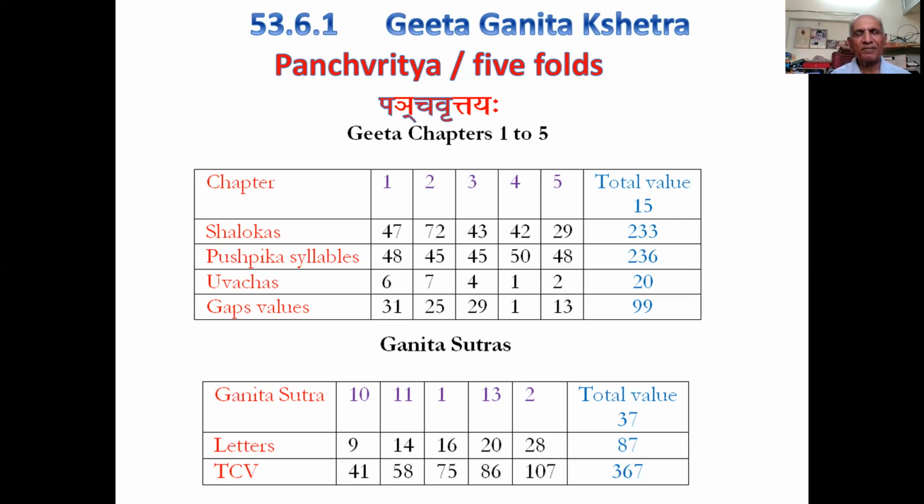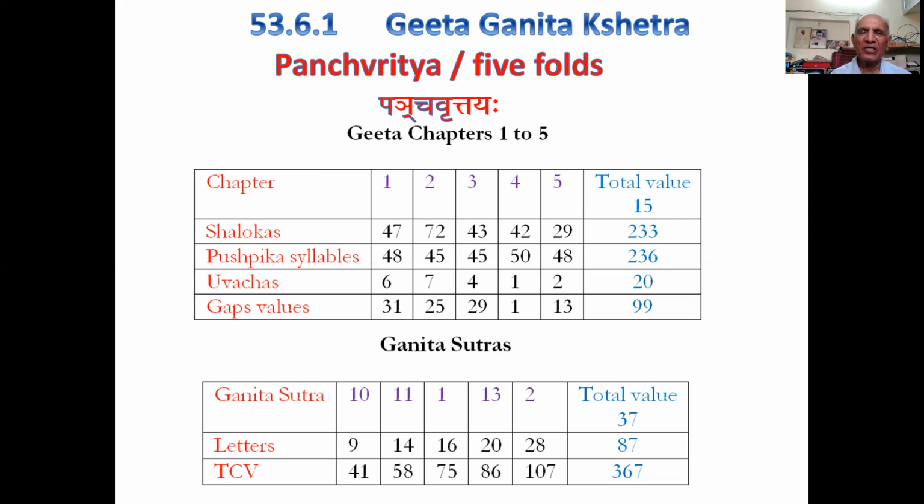A step ahead, the gaps values of the shlokas of these 5 chapters of Gita are 31, 25, 29, 1 and 13 of summation value 19. It is going to be very blissful that if we compute the factors of numbers 1 to 19, 1 to 99, these come to be precisely 236.